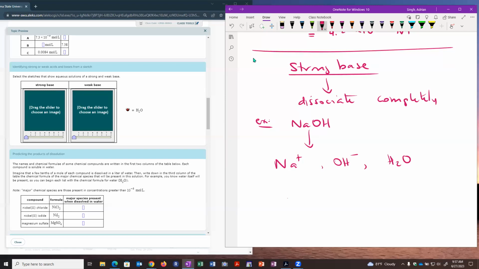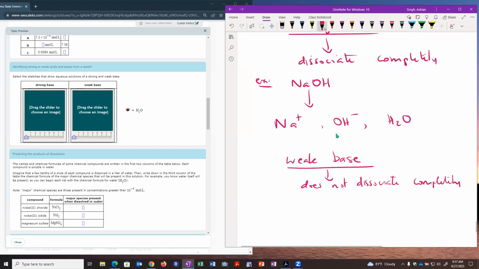If I have a weak base, it does not dissociate completely. And that means you're going to have some of the original left over.